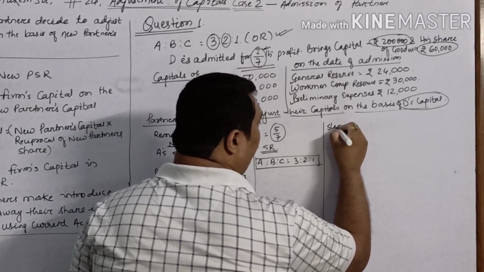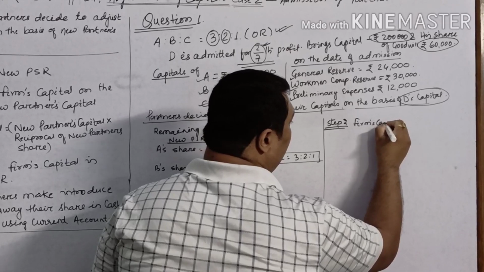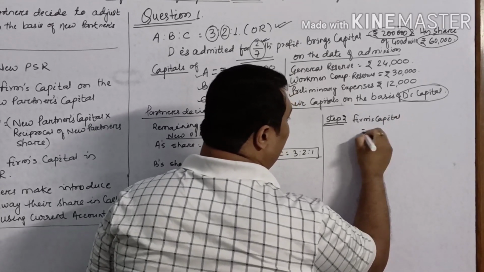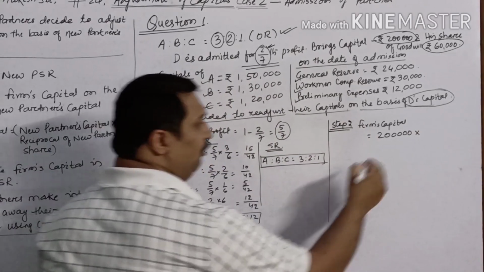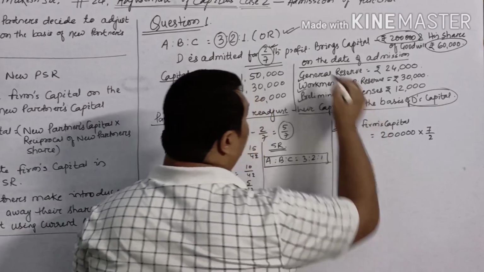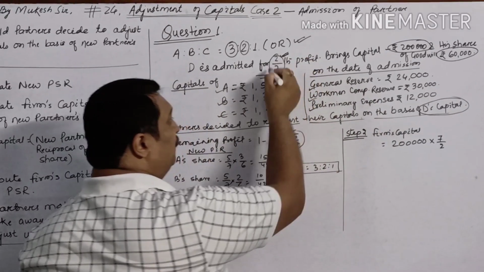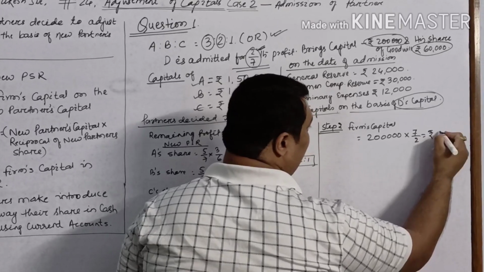Now, we will follow step 2, where we have to find out the firm's capital. We can calculate the firm's capital by the capital of the new partner into the reciprocal of his share. Because the ratio for which he came was 2/7, we will take the reciprocal, so it will be 7/2.